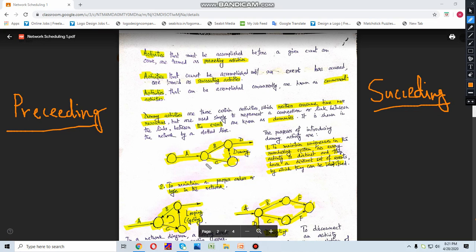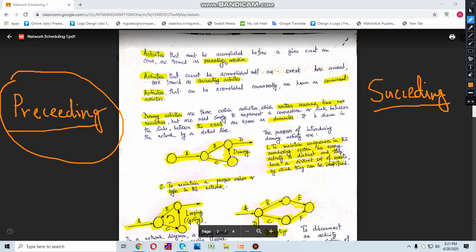So to move on in the project, there will be some activities which have to be completed. If not completed, then you cannot proceed further. So these activities will be called preceding activities.